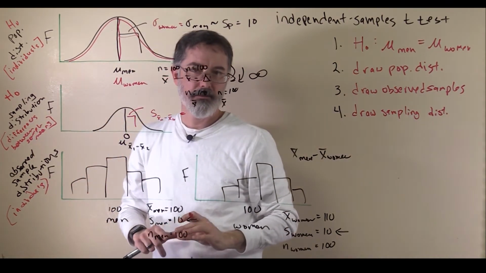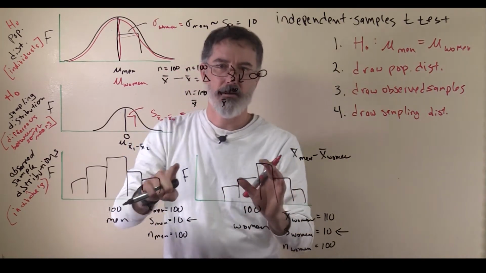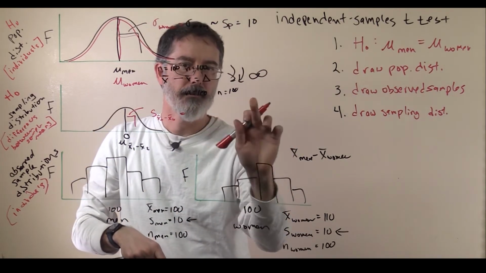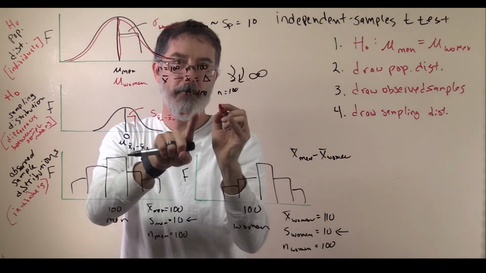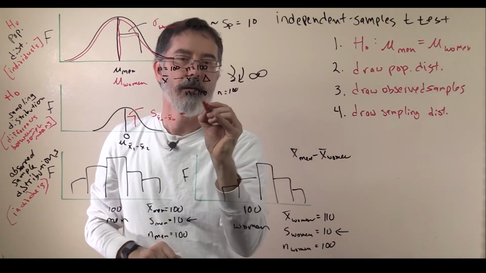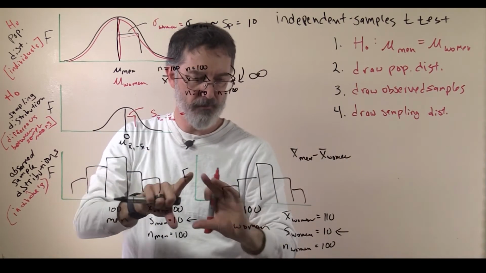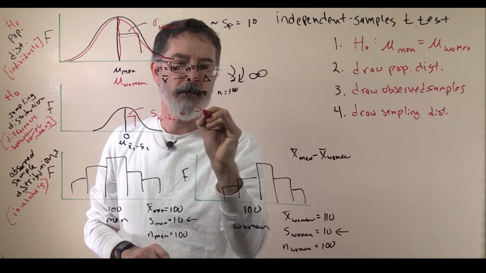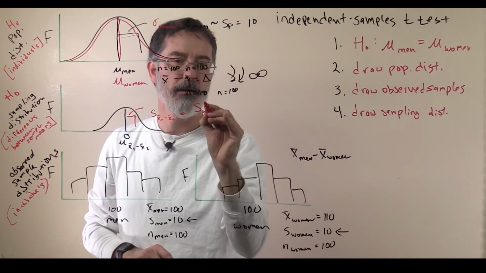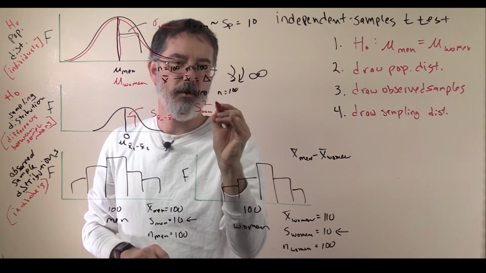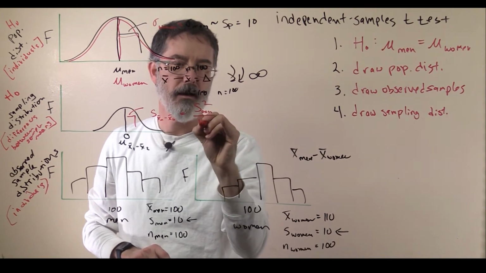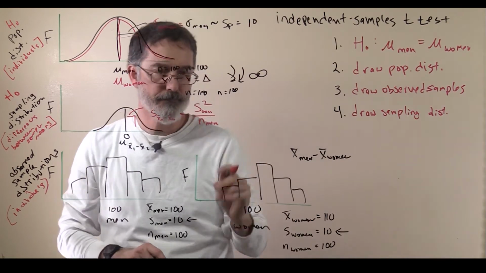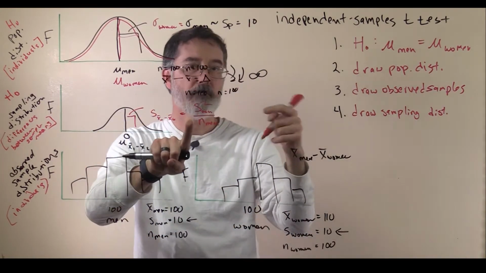And to calculate this, it's got a little bit of a different formula than what we're familiar with here. What we're going to do is we're going to take, well, we can actually work right from the observed samples here. Let's do that. We'll take men's standard deviation, we're going to square it and divide it by the sample size for men. And this is hopefully familiar.